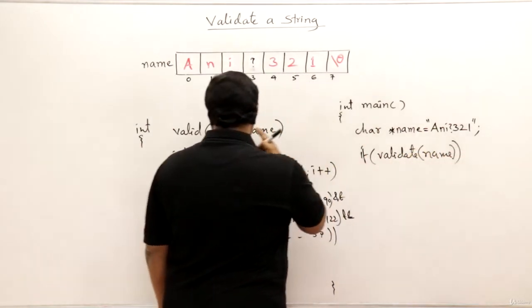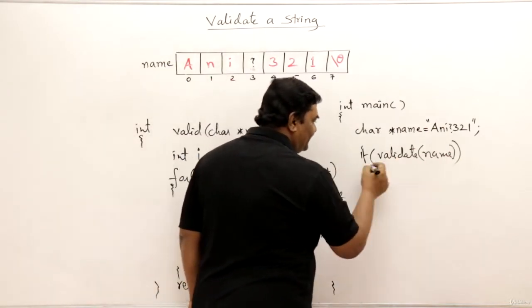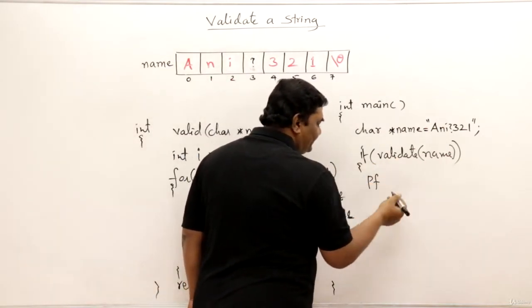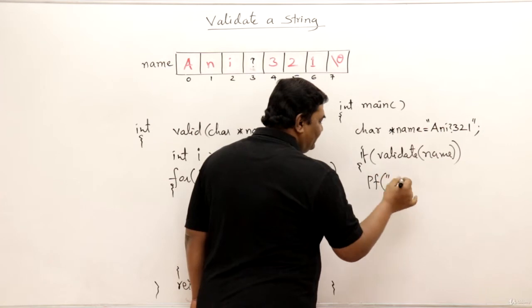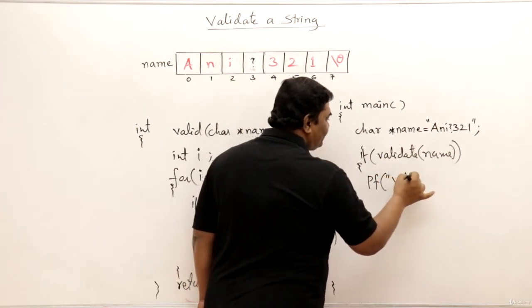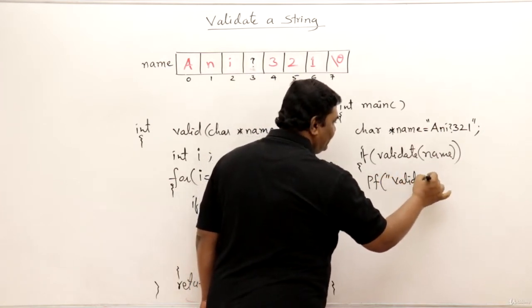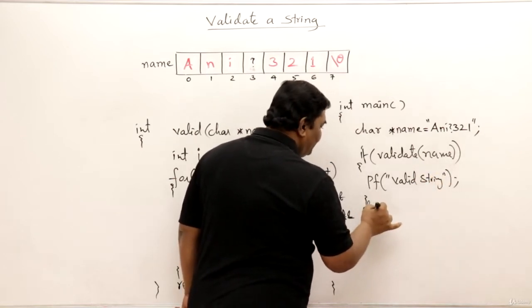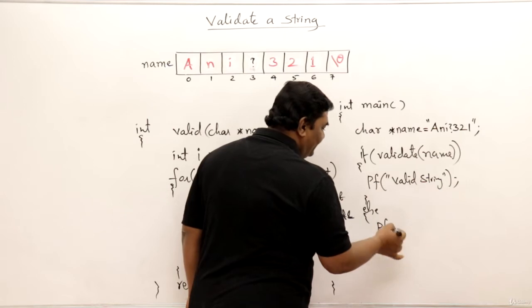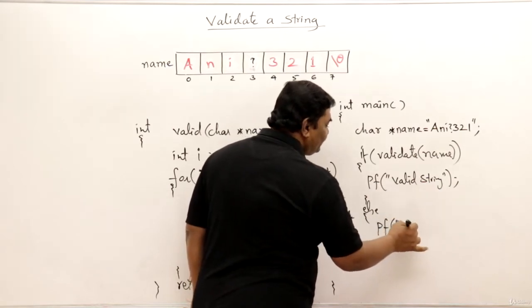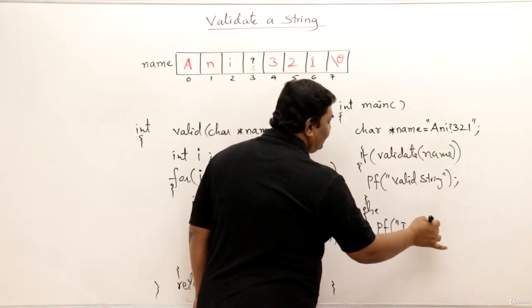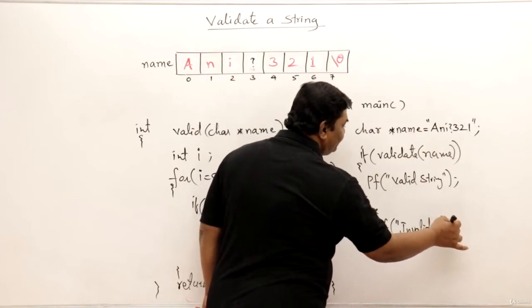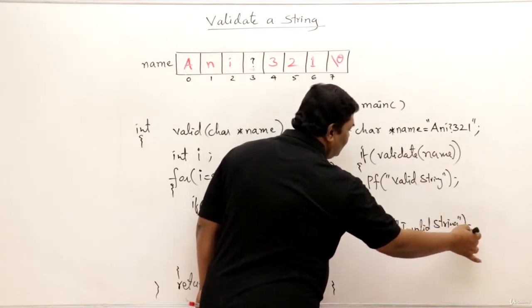If this returns true, then this if will be true. Then we will print, I'll write printf here, valid string. Then otherwise in the else part, I will write printf, invalid string. Means if it is false, then it is an invalid string.